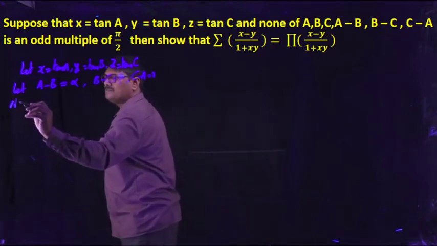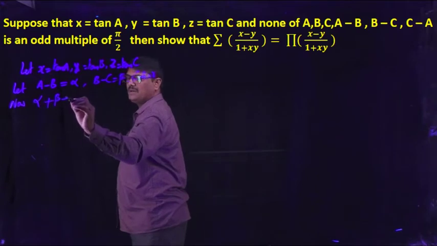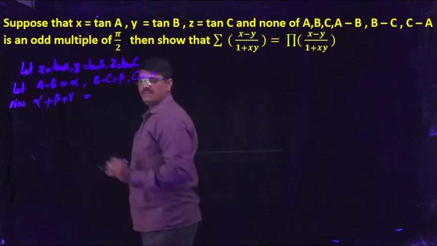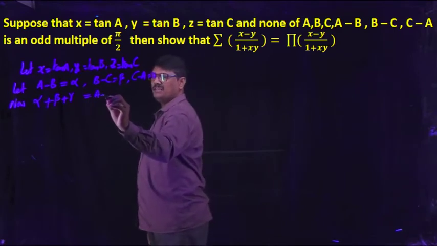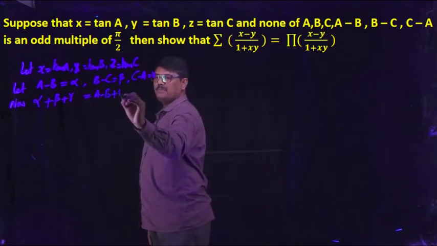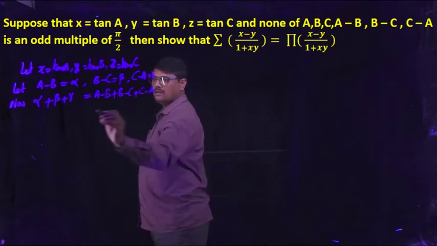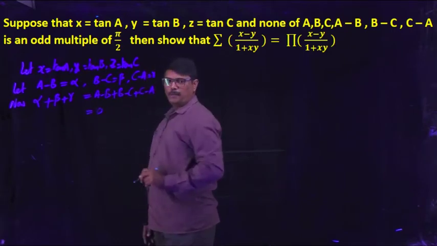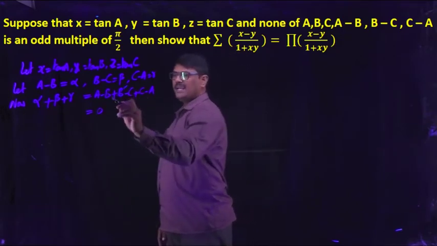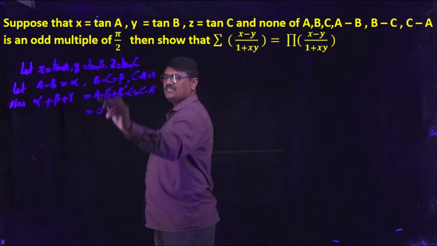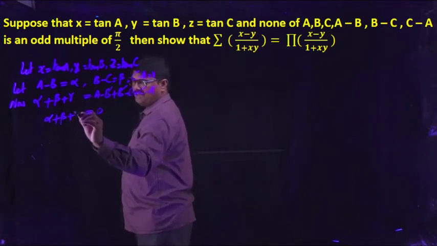Now observe, what is the value of alpha plus beta plus gamma? Alpha is A minus B, beta is B minus C, gamma is C minus A. You can observe one positive term and one negative term for each letter. B gets cancelled, C gets cancelled and A gets cancelled, so you will get alpha plus beta plus gamma equal to 0.